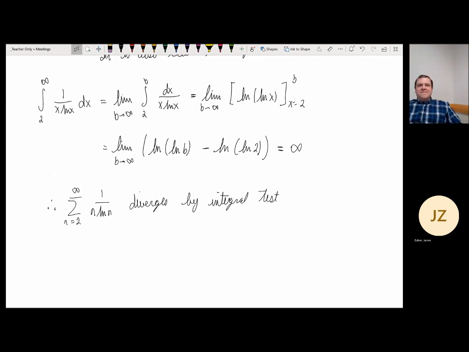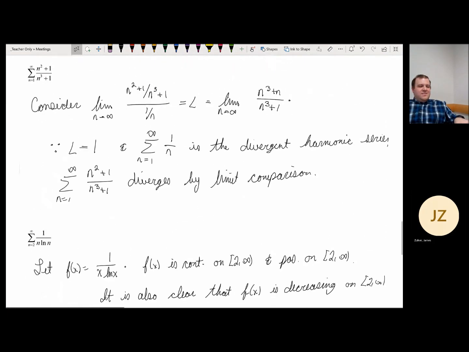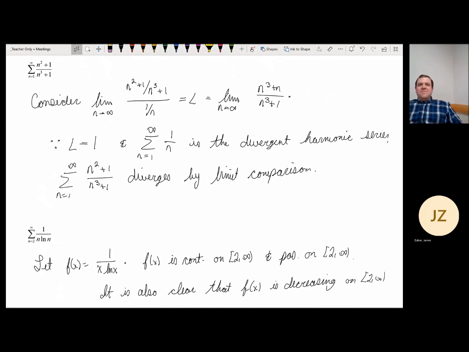Still a little confused where you got the 1 over n. Let n be very large. How does n squared plus 1 over n cubed plus 1 behave? Not necessarily approach, but how's it behaving? Right, so think of it this way. Let n be really large. Does that plus 1 matter?